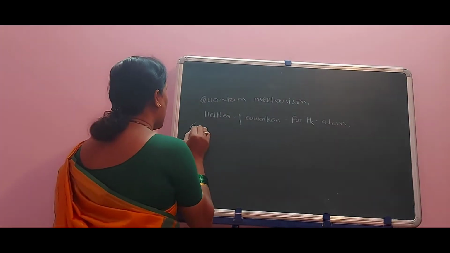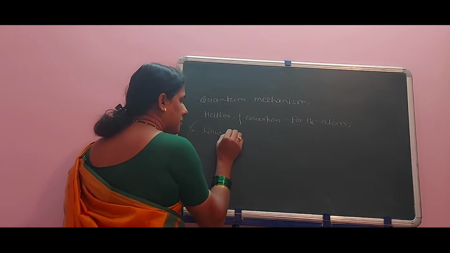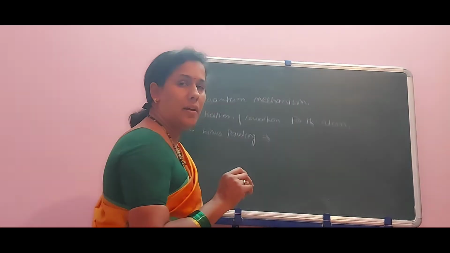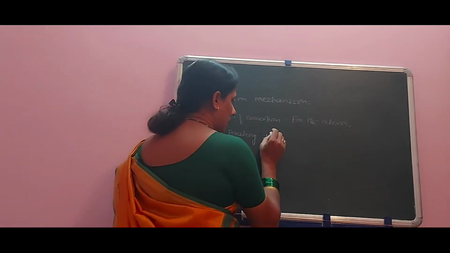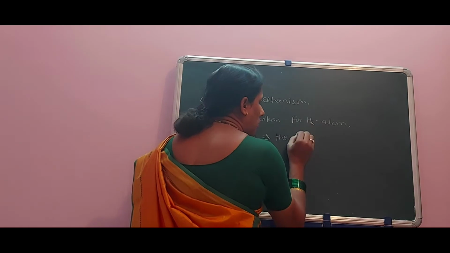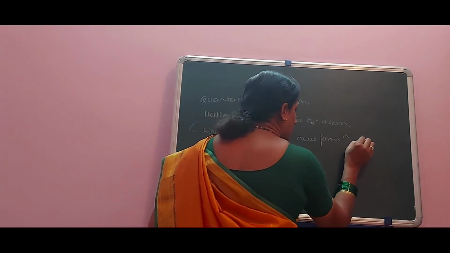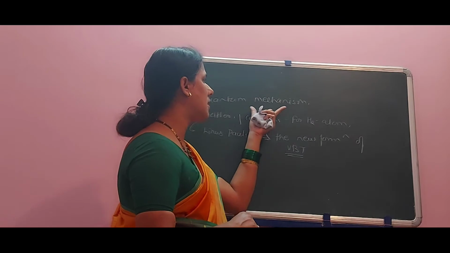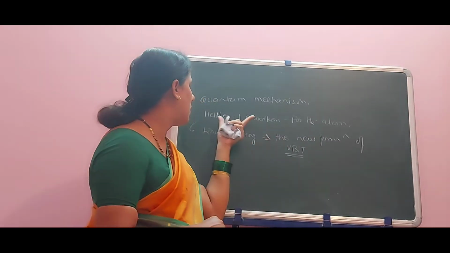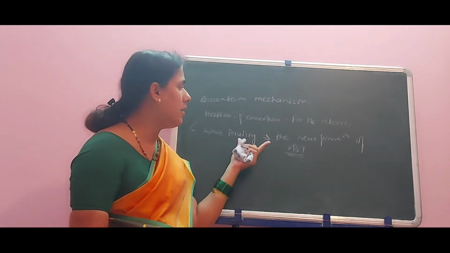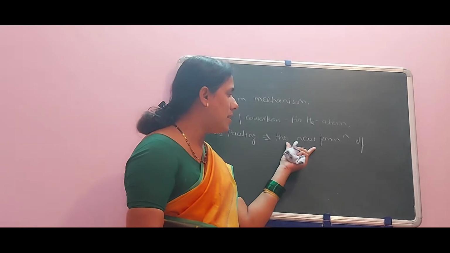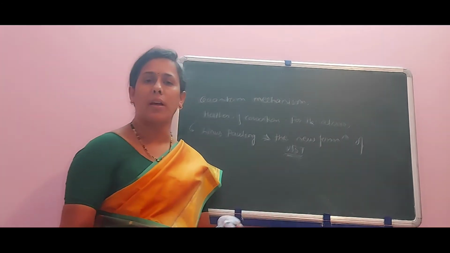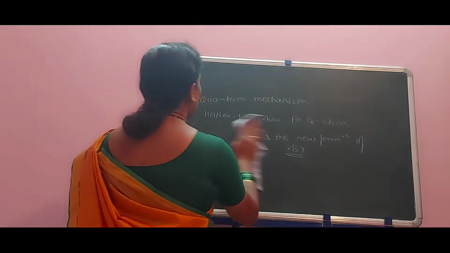That theory was put forward by Linus Pauling and Lewis as a new theory in the form of VBT, called the valence bond theory, but it has some limitations.